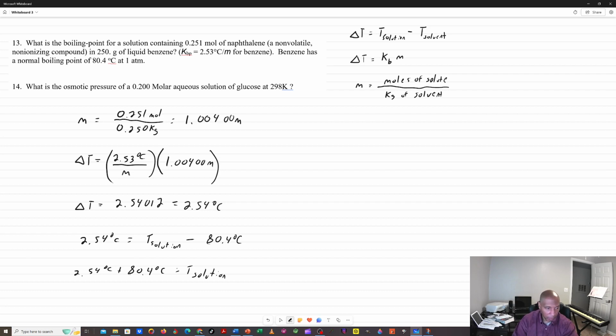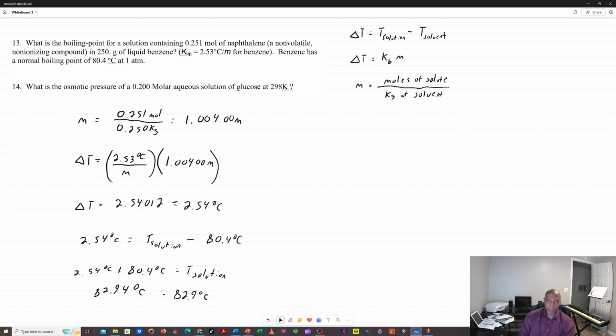Of course that's going to be 82.94, but it's only good to 1 digit to the right of the decimal place, so that's going to be 82.9 degrees Celsius. So that's going to be my answer.